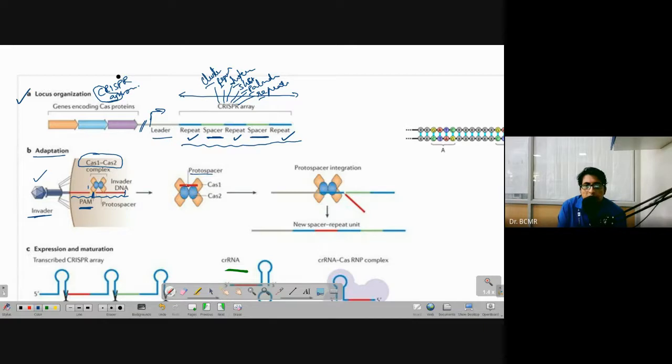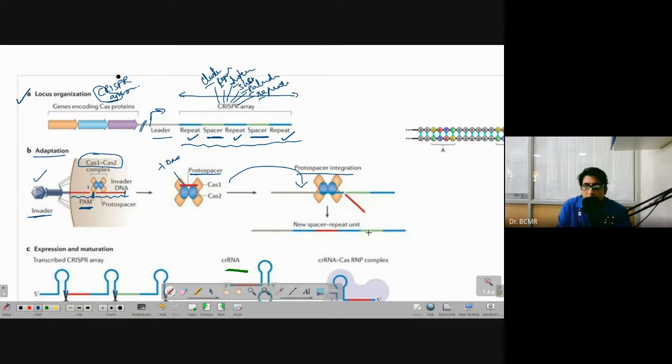This is the DNA region of the small fragment of the lambda DNA. Okay, and it is cut and processed, and it is now called the protospacer. And that protospacer is put into the CRISPR array. So that step, you call it protospacer integration.